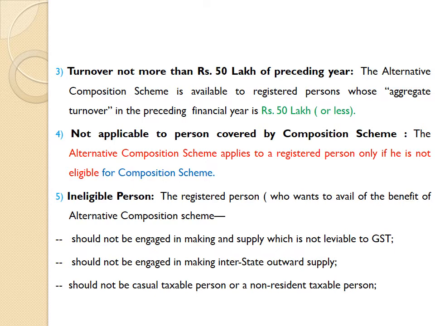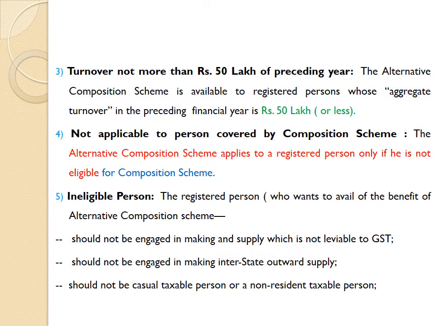Ineligible person. The registered person who wants to avail of the benefit of the alternative composition scheme should not be engaged in making supply which is not leviable to GST.